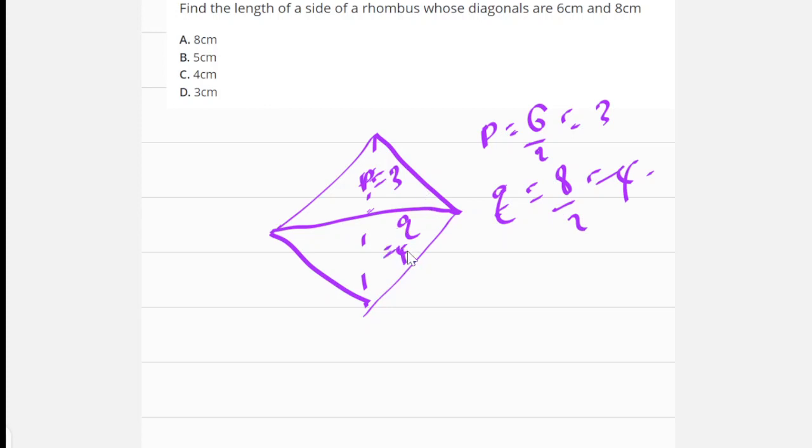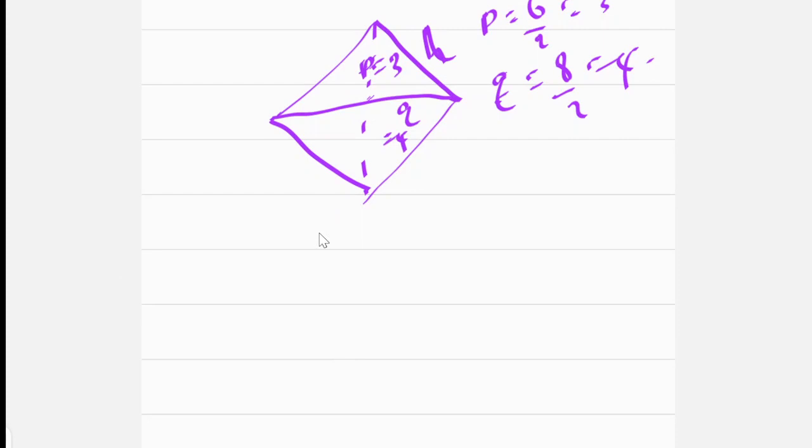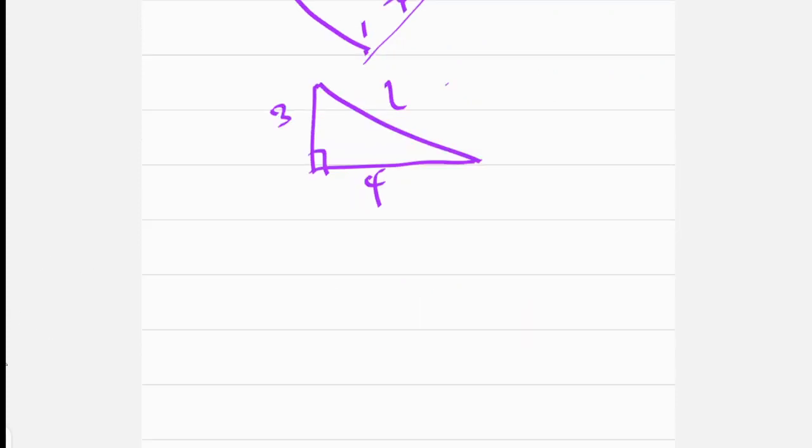I hope you understand now. And we have to find the length. This is my length. You can call it L. You will see that it has formed a Pythagoras theorem problem, because this is my length, then I have 3, I have 4. And don't forget, this has formed your Pythagorean triple. When you have 3, 4, what is the third side? I think that is 5, even without finding it.